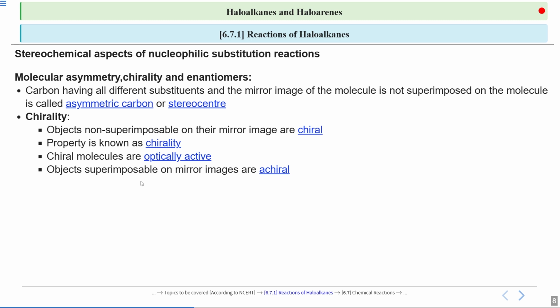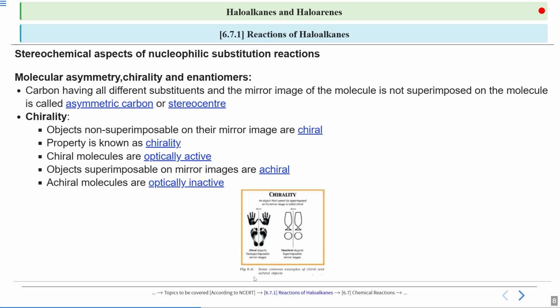So the objects that are non-superimposable on their mirror image are chiral, and those that are superimposable on their mirror image are achiral. Achiral molecules are optically inactive. So achiral molecules don't have the ability to rotate the plane of plane polarized light in any direction. So they are optically inactive.